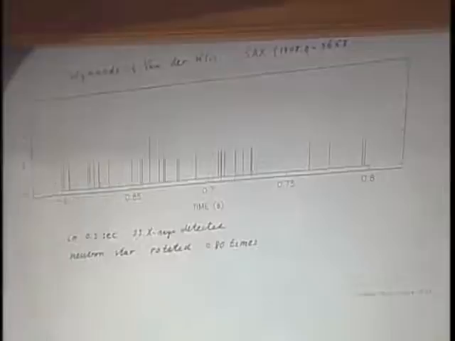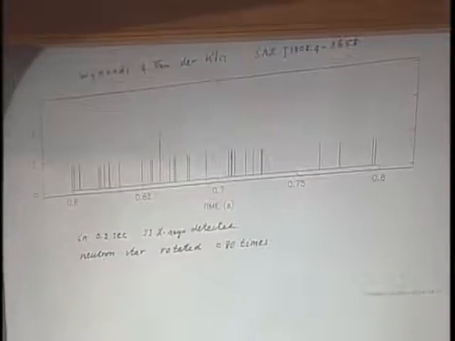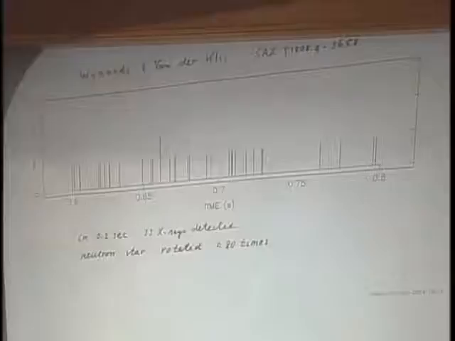And when one X-ray arrives, you see a vertical bar there. And at this time, they were so close together that you see there 2 X-rays. If you count the total number of X-rays in that 1/5 of a second, he observed 33 X-rays. During that time, the neutron star was rotating 80 times around already, because it rotates every 2.5 milliseconds.